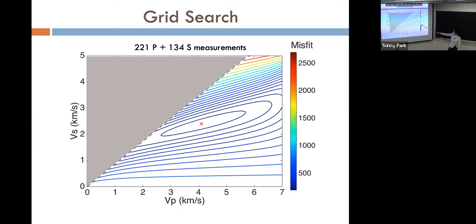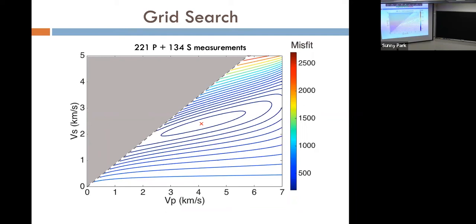The bluer, the less misfit to the data, so the better. I was pretty happy about this because it's only 2 parameters in this case, so it takes maybe a few seconds on my laptop. Another thing is that you can see the minimum is quite well defined, which is another good thing here.